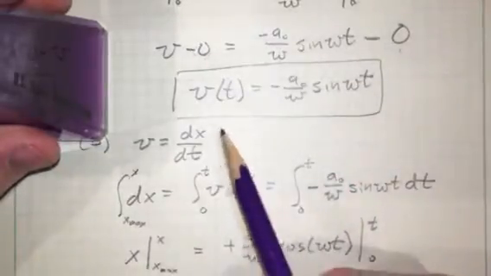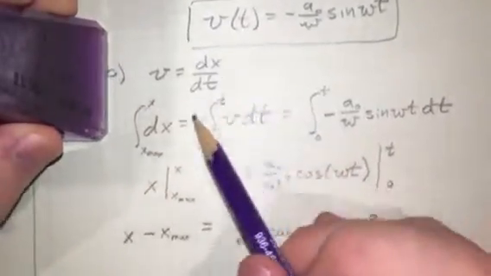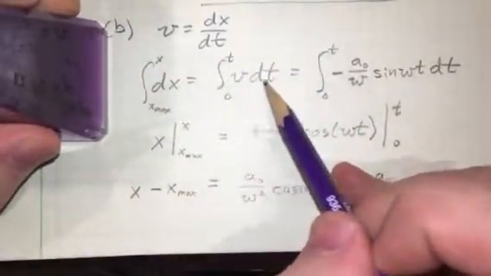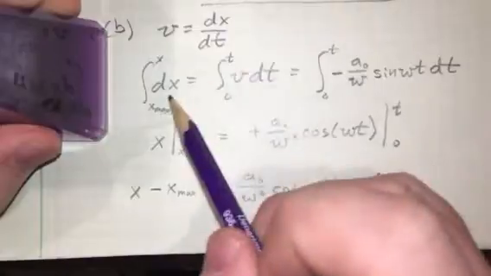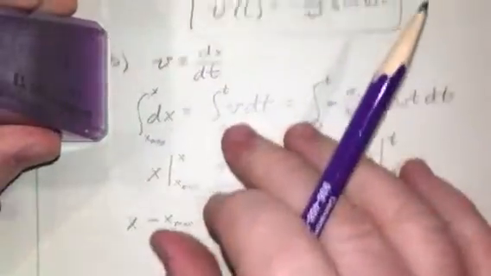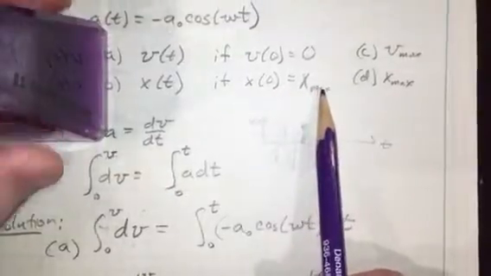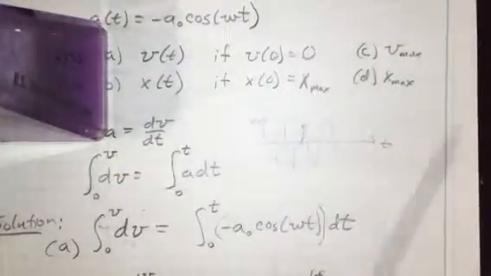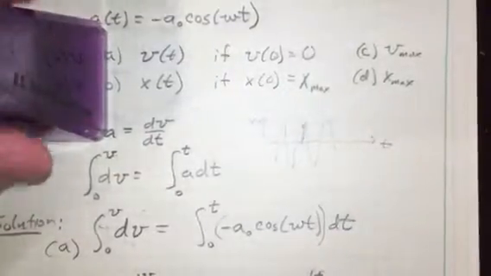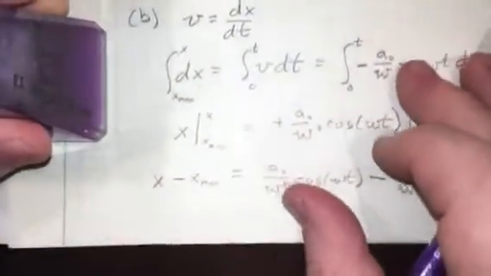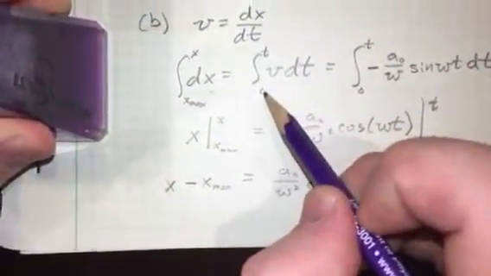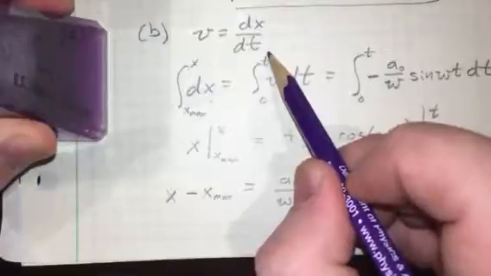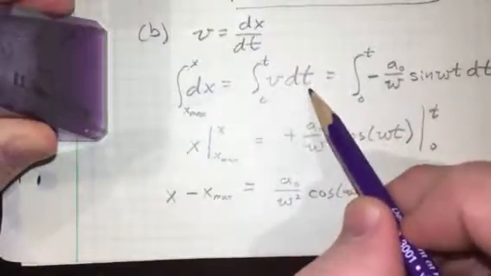Now that we know velocity with respect to time, we can take the integral of v dt to figure out what the position is. In the problem it says that at time equals 0, assume we start from our maximum departure from the undisturbed state. So that's why I changed it so that it says from initial to future over my integral with respect to time.